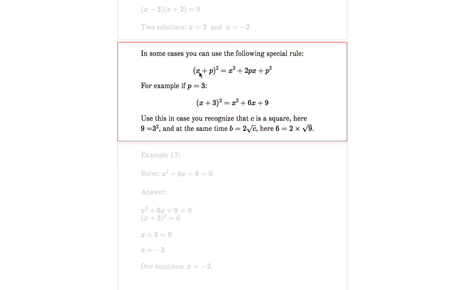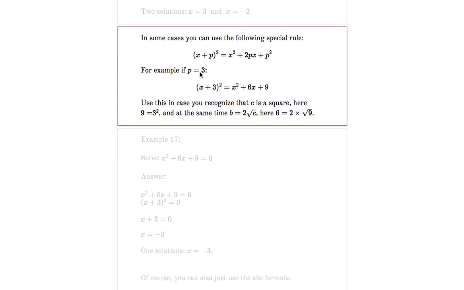Maybe you know this rule: (x + p) squared is x squared plus p squared plus 2 times p times x. So for example, with p is 3, (x + 3) squared is x squared plus 6x plus 9.